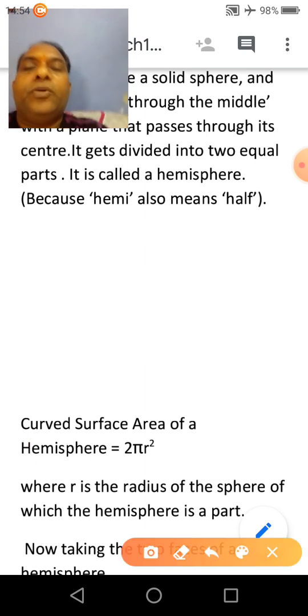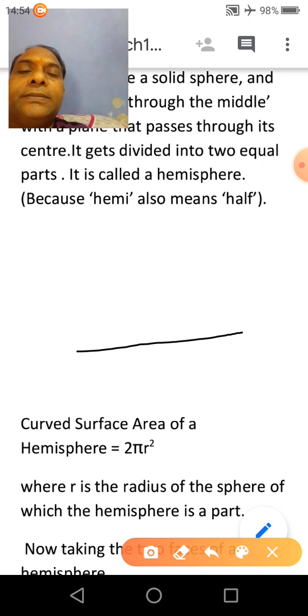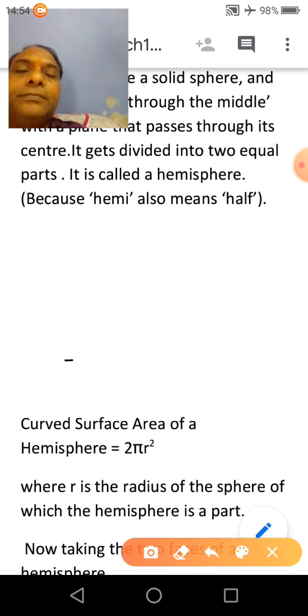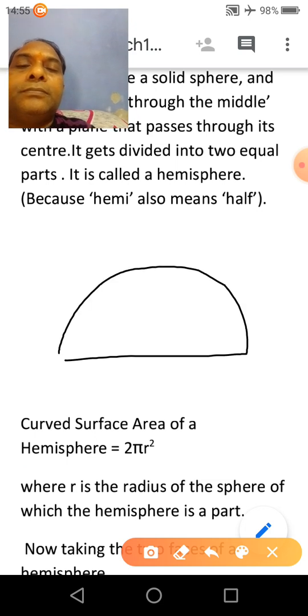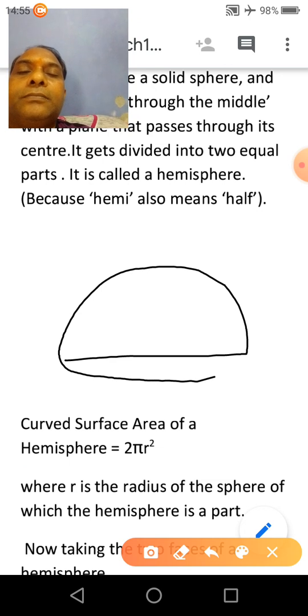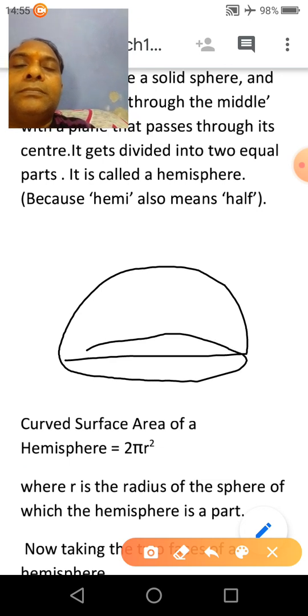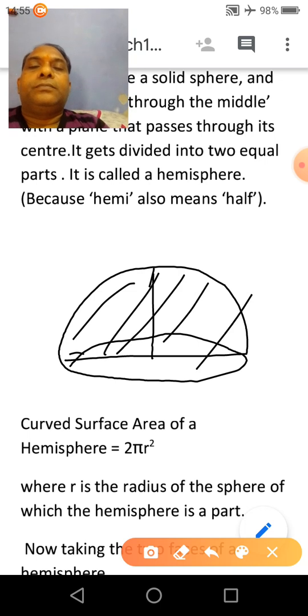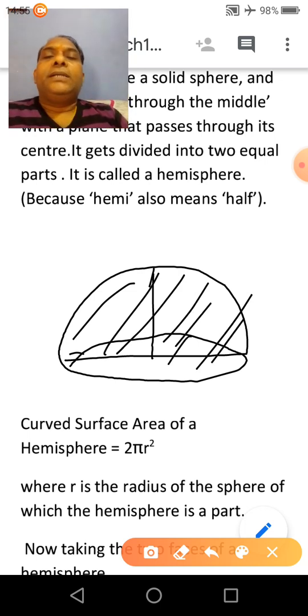So shape of hemisphere is this one. Clear? Hemisphere. So hemisphere is the half of sphere. If you cut the sphere in two equal parts, then you have two hemispheres.